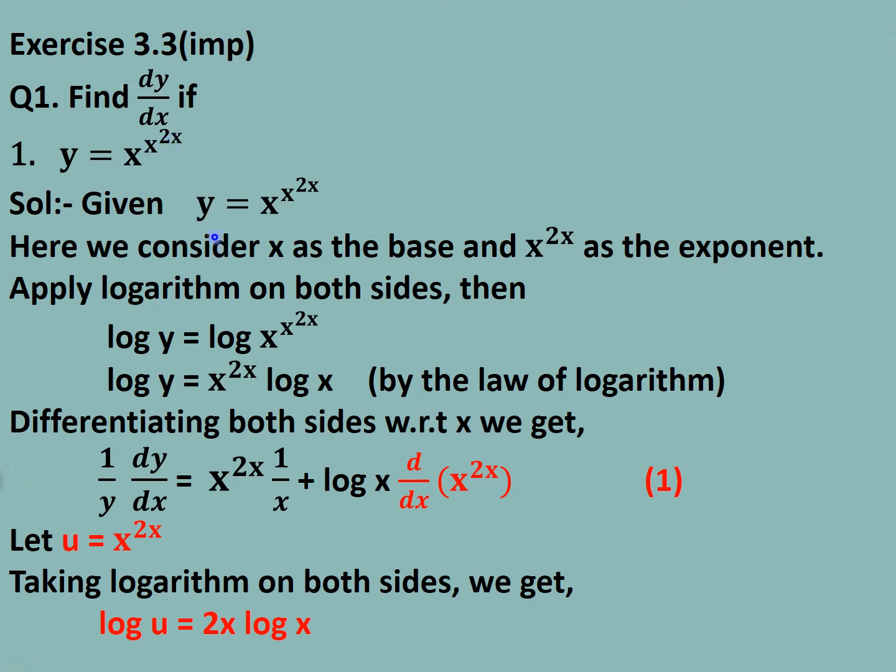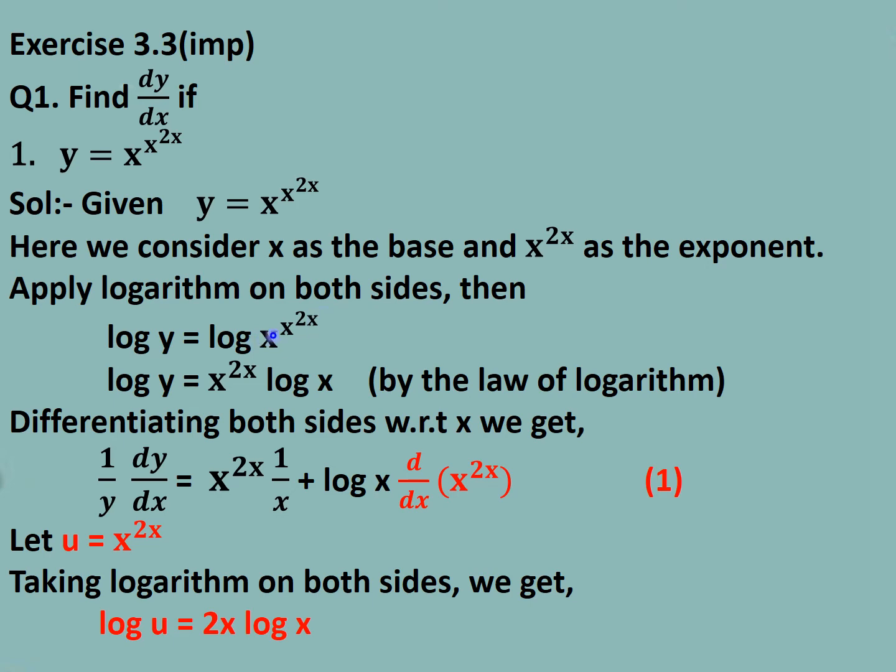So the given function we will be taking x raised to 2x. In this case, we will consider only x as the base and 2x as the exponent. Then we will apply the logarithm on both sides. Then it will be log y is equal to log of x raised to 2x.